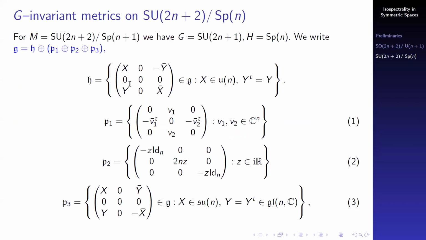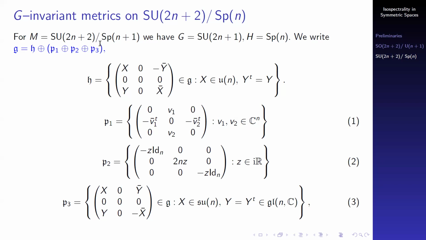And the second family was a little harder. For the second family, we take M as SU(2m+2)/Sp(m+1).